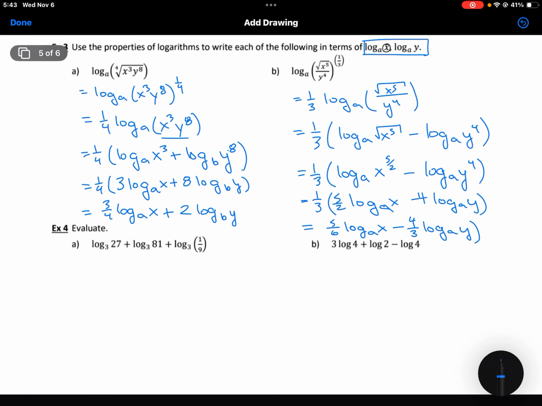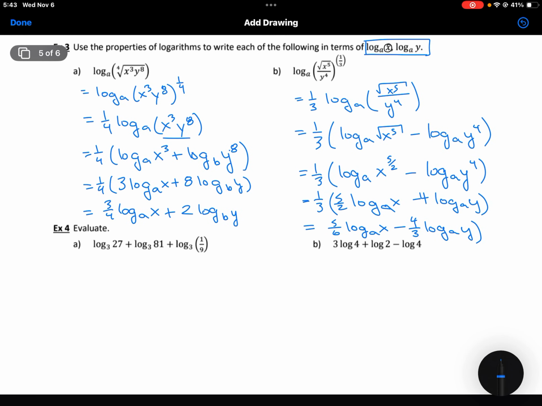Okay, the last two, we are evaluating expressions, and so we can actually do this in two ways. We can separate them out, or we can combine them all together. So let's take a look at combining them all together to show you how those properties work.